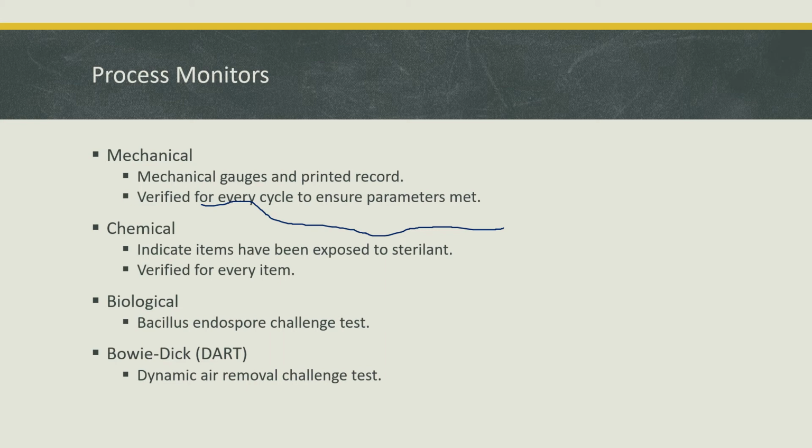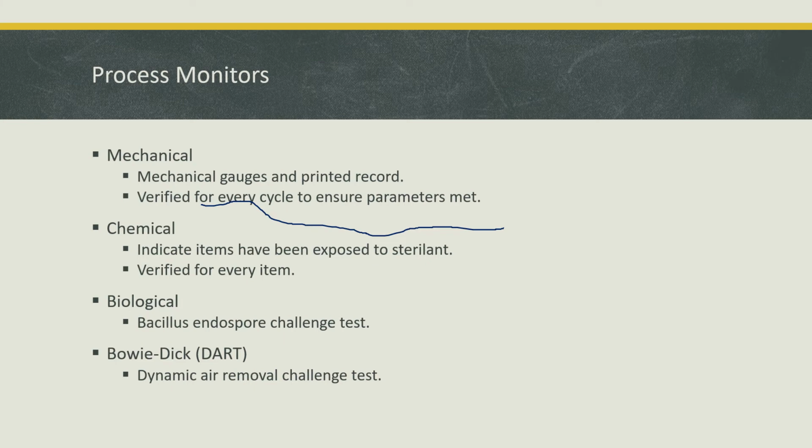Chemical indicators are placed in the instrument trays, in packs that are being sterilized. There are also external chemical indicators that are used if something's being terminally sterilized for storage, so we can see that it's been through the autoclave run. These chemical indicators show that it has been exposed to a sterilant.